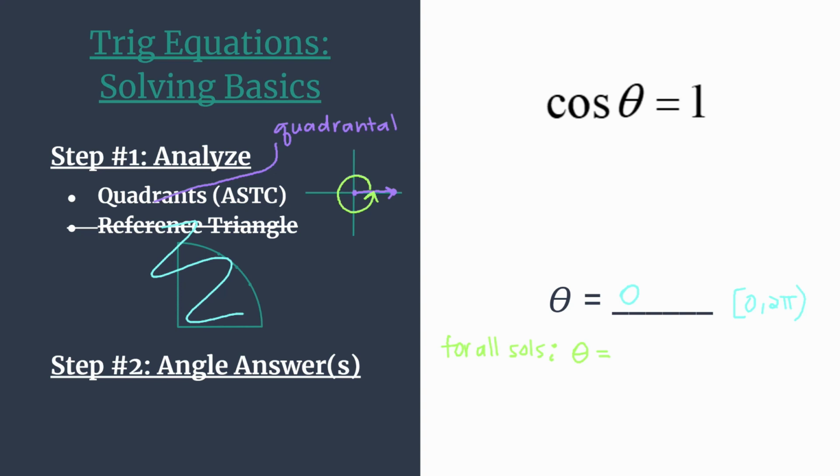Or if you rotated another rotation, just sketching that in, 4 pi would also be a solution. So we're basically going to say 0 and all its coterminal angles, remembering that a full rotation is just 2 pi radians. So we can say 0 plus 2 pi k, where k is any integer.